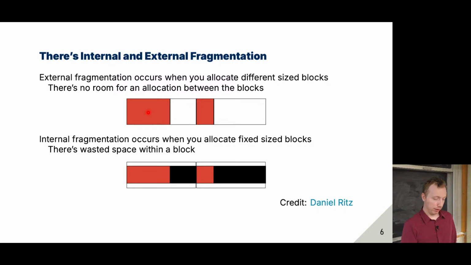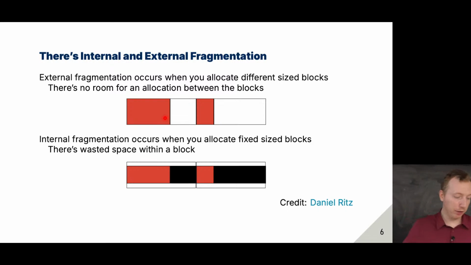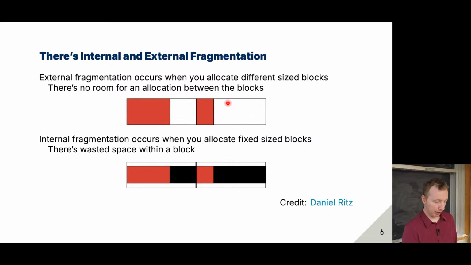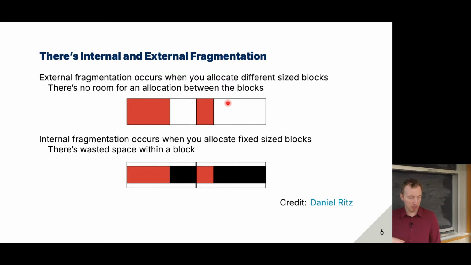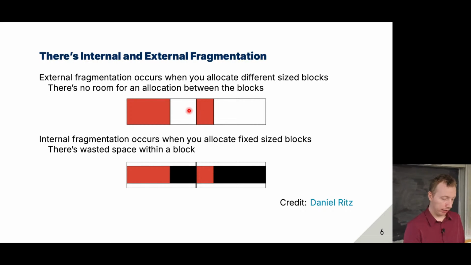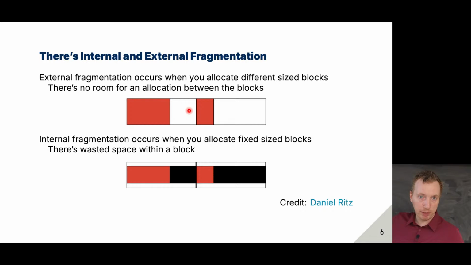For example, if I have a red allocation here and a red allocation here, maybe any other allocation I have is bigger than this blank space between the 2 red allocations. And suddenly I can't use that memory because nothing will fit between these. Nothing will ever fit in here. So it's wasted memory. It's external fragmentation because it is between blocks.